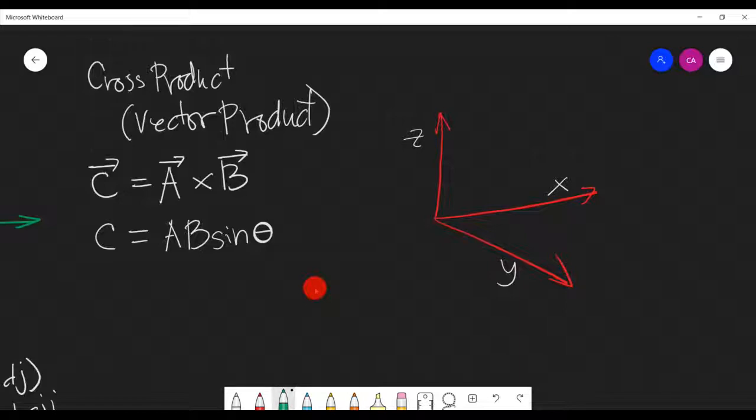So for example, we have a vector towards x and a vector towards y. Let's say this is vector A, this is vector B.